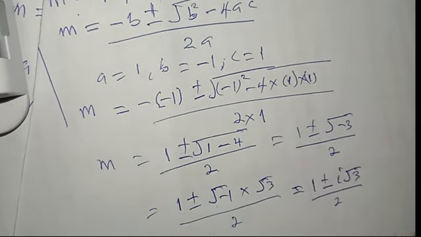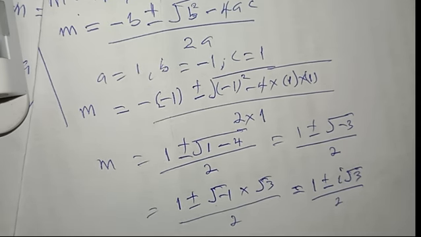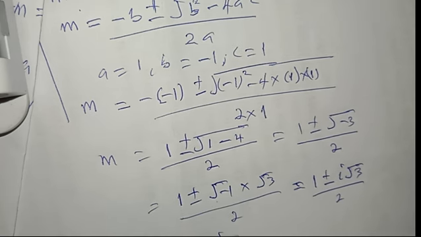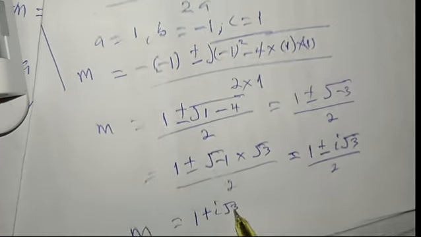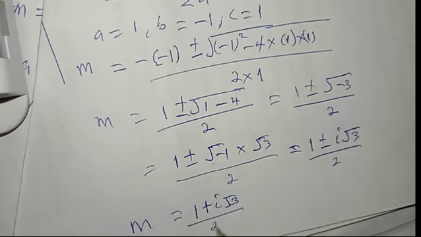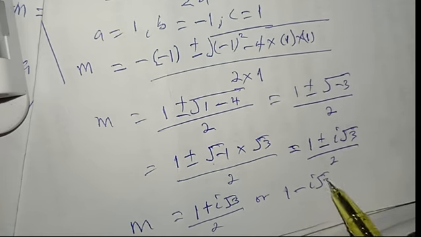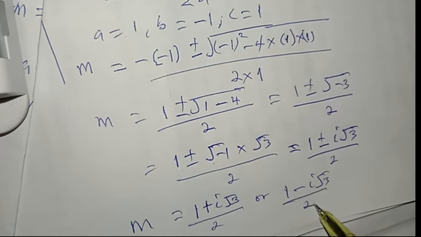So obviously we are getting from here that the values of m are equal to 1 plus i root 3, divided by 2, or 1 minus i root 3 divided by 2.